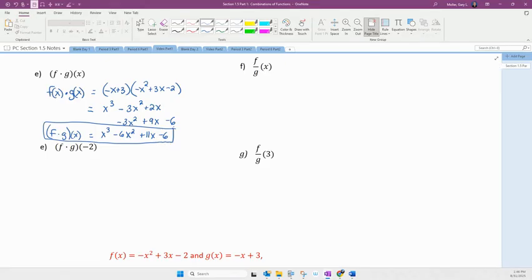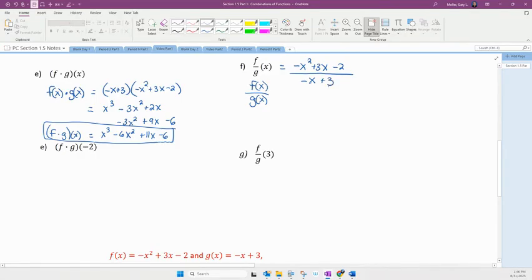And f divided by g is kind of usually a little bit easier to do, honestly, because it's just saying what we'd expect it to mean, which is find function f of x and divide it by function g of x. These two things are synonymous. So then I'm just going to take negative x squared plus 3x minus 2 and divide it by negative x plus 3.